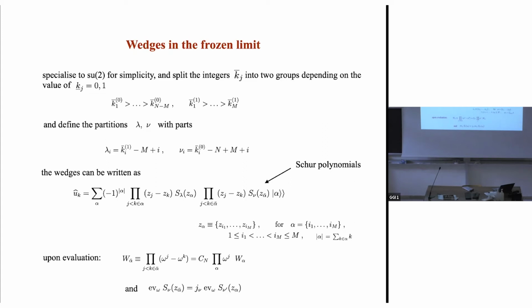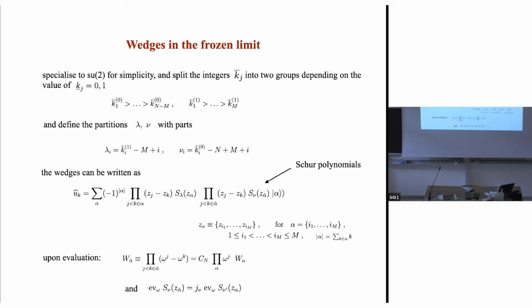So when we send the z's to the roots of unity, there is a nice relation which says that the Vandermondes on the sets alpha and alpha bar are related by this relation. They are equal up to some constant and some slightly non-trivial factor, which is given by the product of roots of unity.